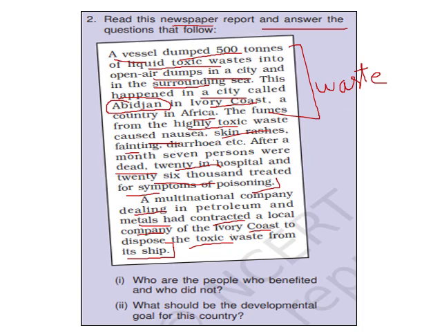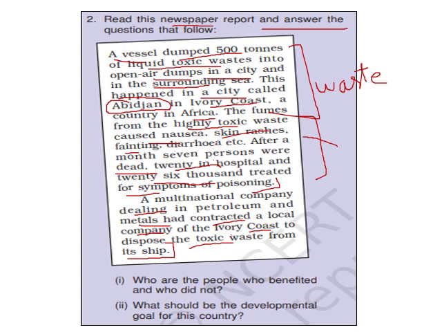Then what happened? That toxic waste started giving off fumes or smoke or a foul smell, coming out from that area. It created lots of disease or different kinds of problems for the people living over there. It created nausea, skin rashes, fainting, diarrhea kind of situation to people who were living over there.